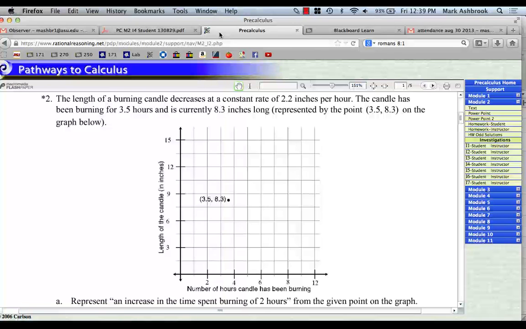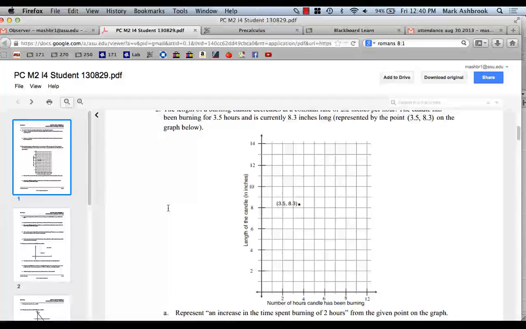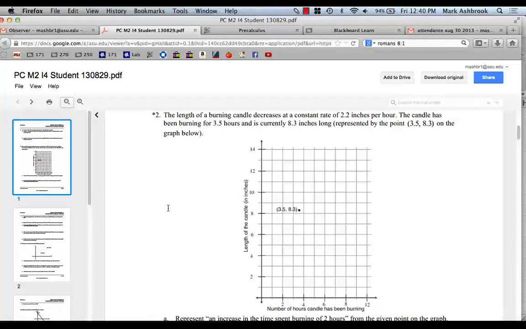What is it? 20 what? 30, 33, 35? Anyone find it? Oh, sorry. Investigation 4. Module 2, Investigation 4. 35, please. And what I want you to do to make this a little easier is change the scale to 2. 2, 4, 6, 8, 10. So it looks like this. Okay?